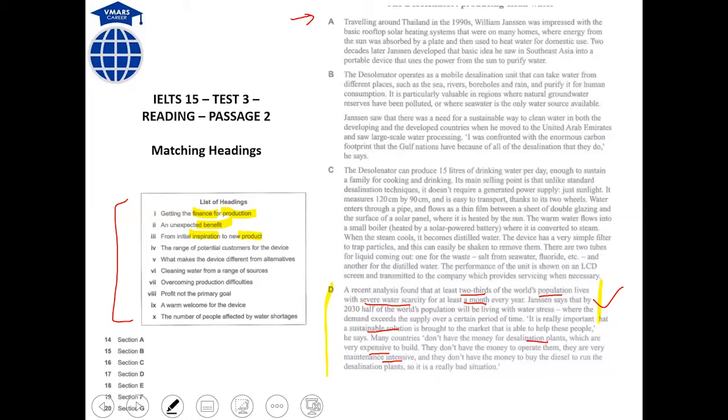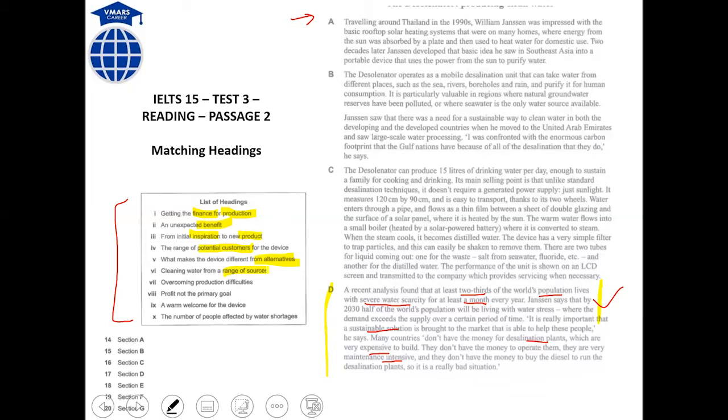A range of potential customers, no mention about customers. What makes the device different from the alternatives? There is no mention about alternatives. Cleaning water from a range of sources, though there is mention about cleaning of water, they are mentioning desalination plants, but no mention about the range of sources from where the water is coming.